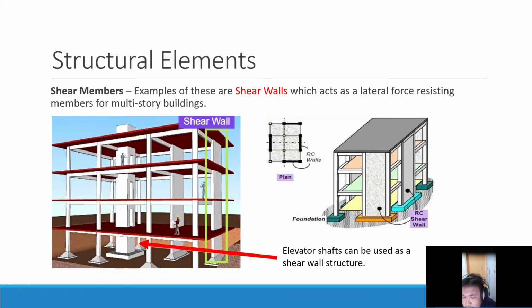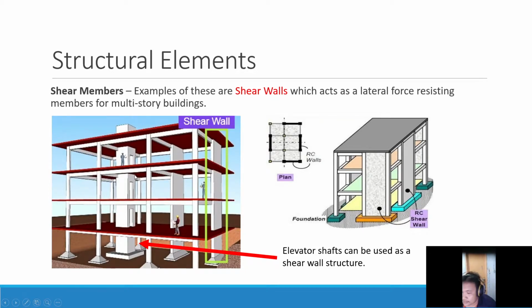Although itong mga shear walls are typically expensive, if you design it well, it will greatly help the stiffness of the structure, thus making it safe in terms of earthquake. You can see some elevator shafts can be used as shear wall structures, double purpose siya. It can be a shaft for an elevator, and it can also be a lateral force resisting structure or member.